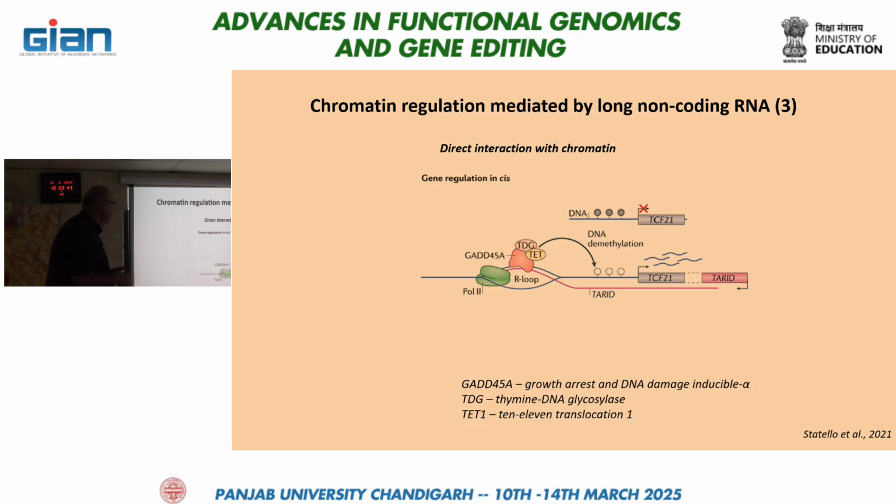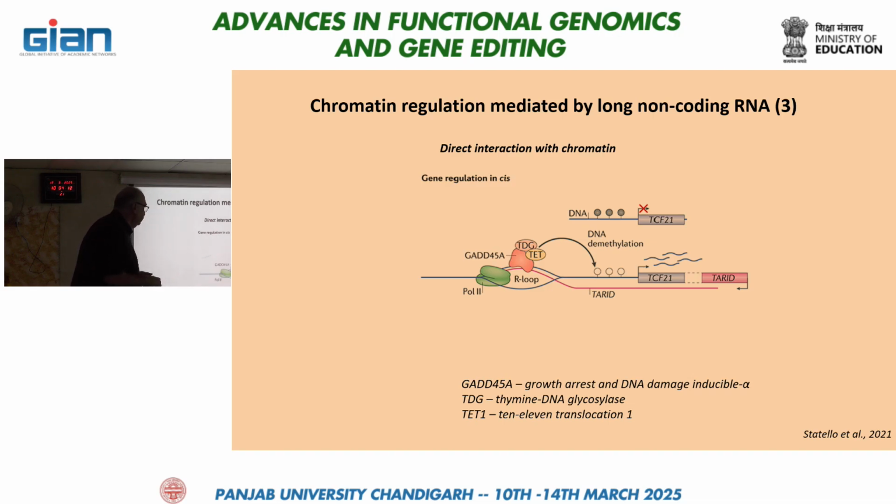If it's unmethylated, it's transcribed. So what's going on here? We are talking about TARID, a long non-coding RNA. By the way, these long non-coding RNAs very often have funny names. I don't know why, but they have peanuts, TARID, press, and something like this.